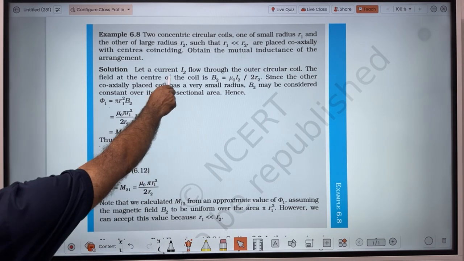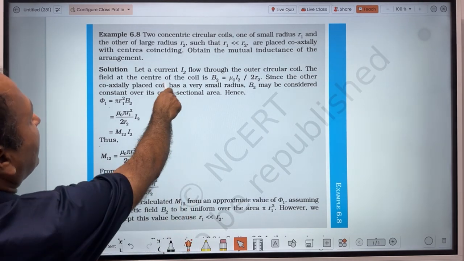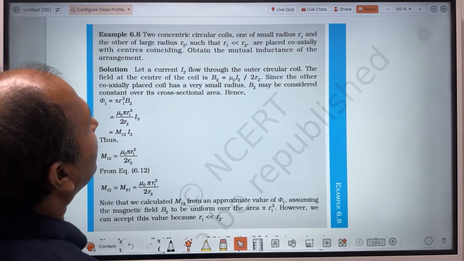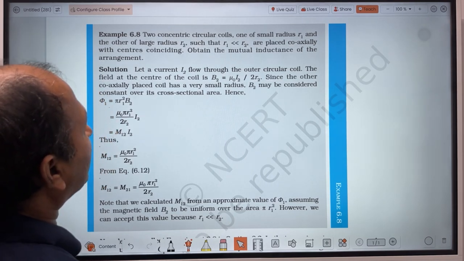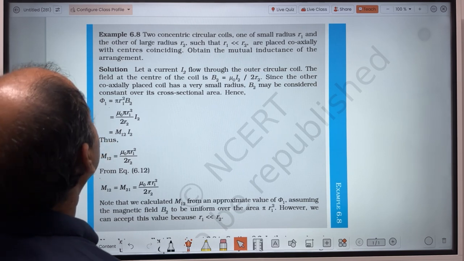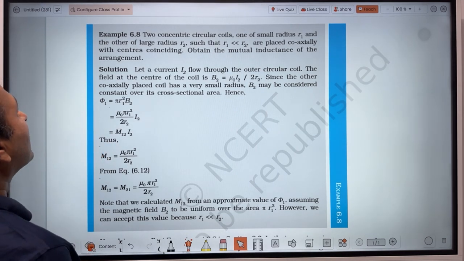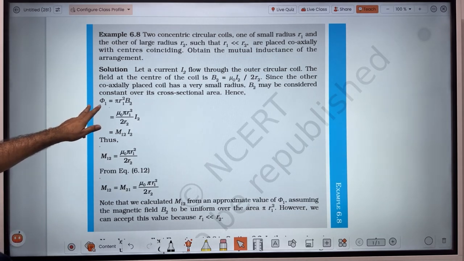So let the current I2 flow through the outer circular coil. The field at the center of the coil will be B2 equal to mu 0 I2 divided by 2R, right? And since the other coaxially placed coil has a very small radius, B2 may be considered constant over its cross-section area, then phi 1 we can find.